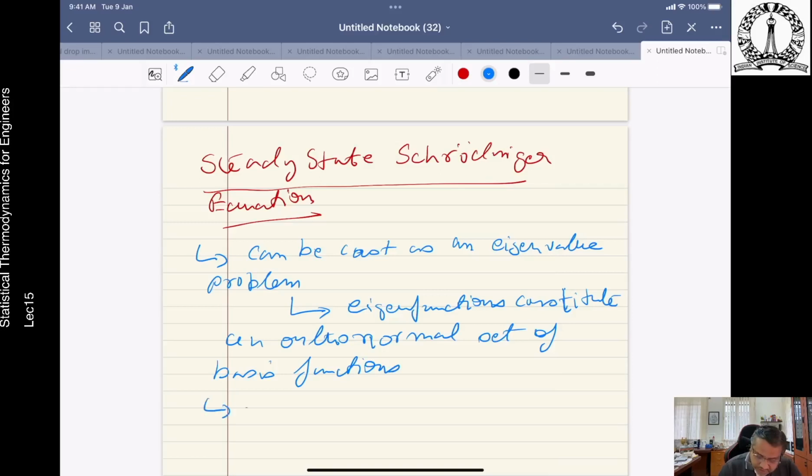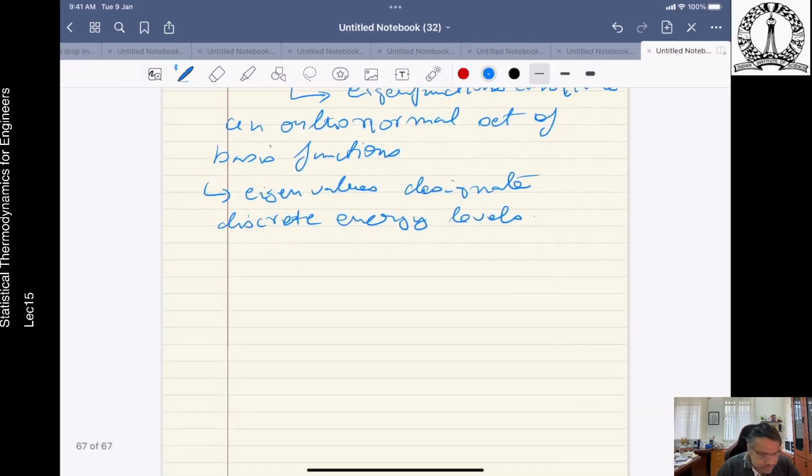The eigenvalues designate discrete energy levels. So this was what we knew.